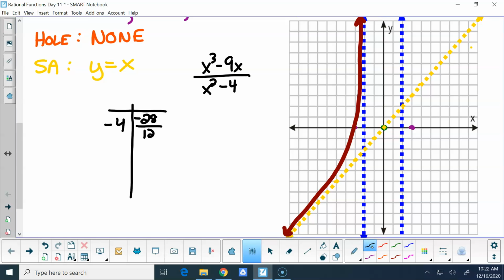Then let's try negative 1. Negative 1 plus 9 is 8. 1 minus 4 is negative 3. So that's negative 2 and 2/3.